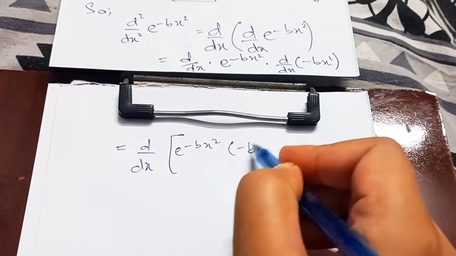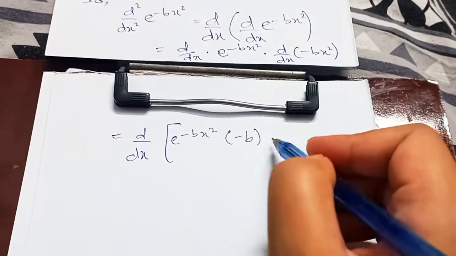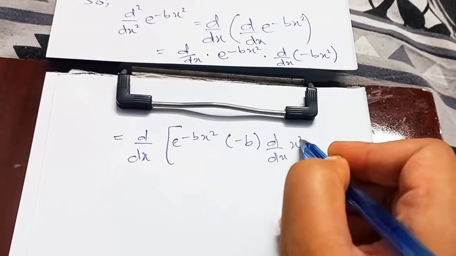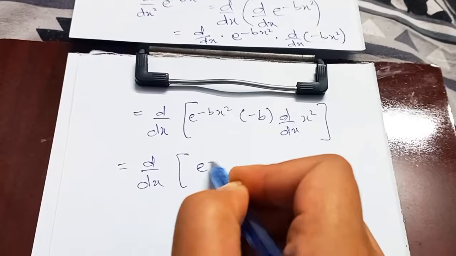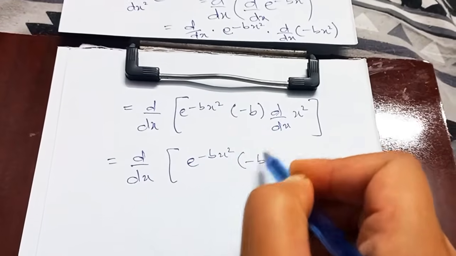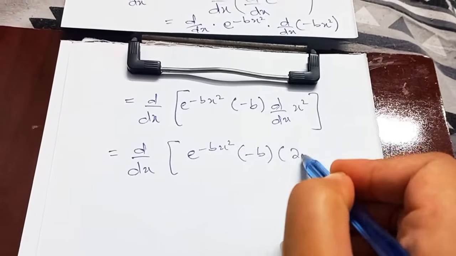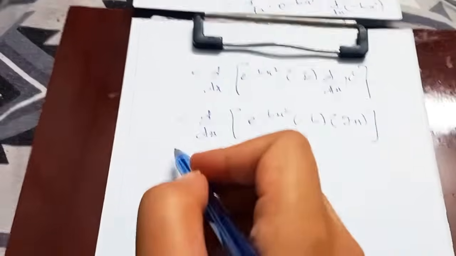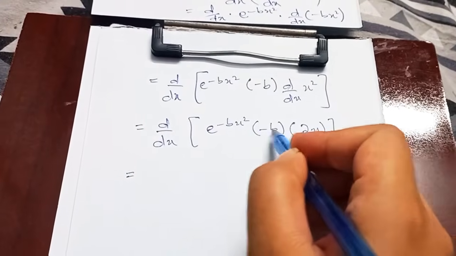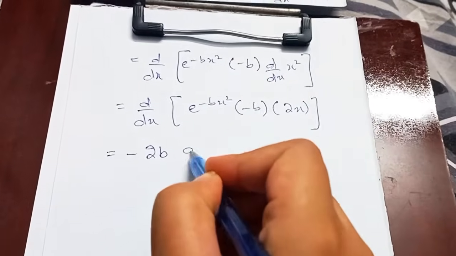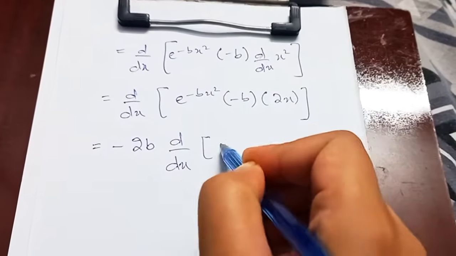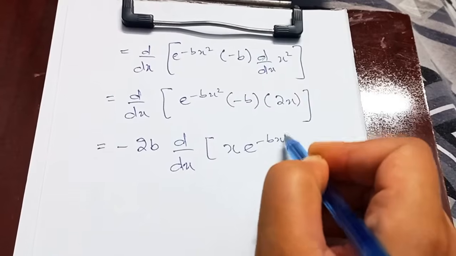minus b is constant, so it will come out of the derivative, so it's only applied on x squared. d by dx e to the power minus bx squared, minus b, derivative of x squared is 2x. Next is 2b and negative, this is constant, so I'm taking it outside, and the d by dx will be applied on x e to the power minus bx squared.